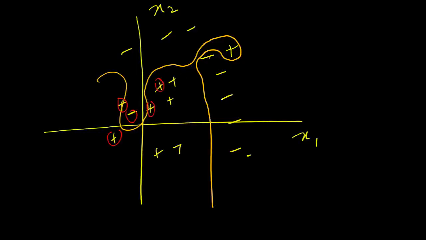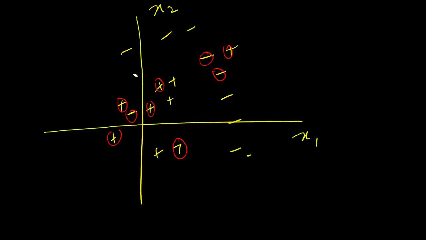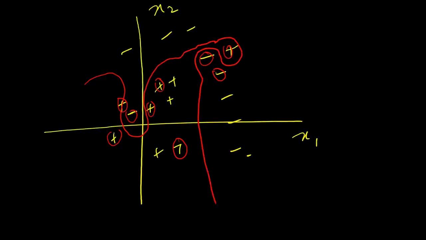So if you are assuming a Gaussian kernel, these might be the support vectors, right? So it's a very complicated boundary, and it is not tolerant to the noise that we saw in these 2 points. So this is not a noise tolerant boundary.